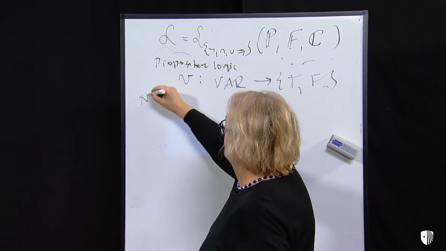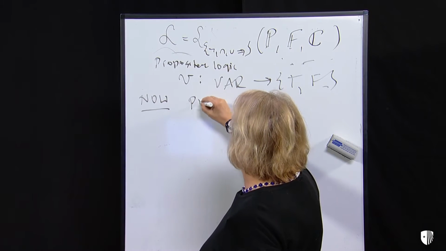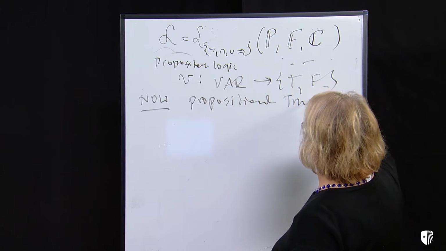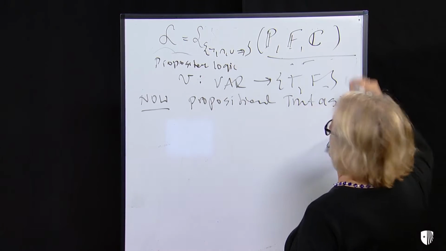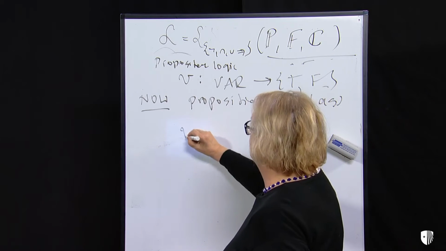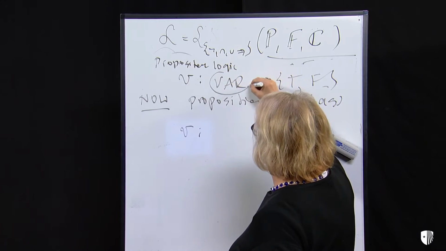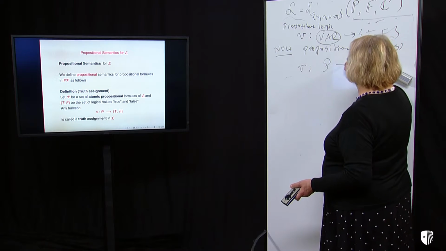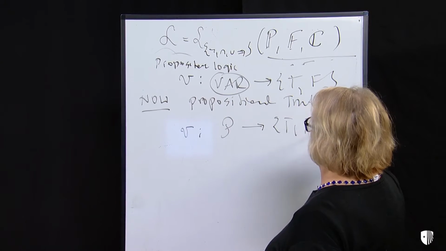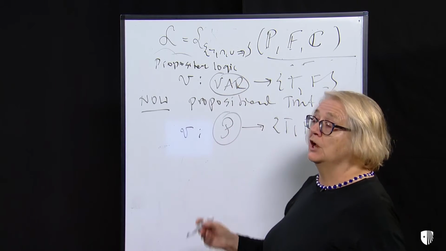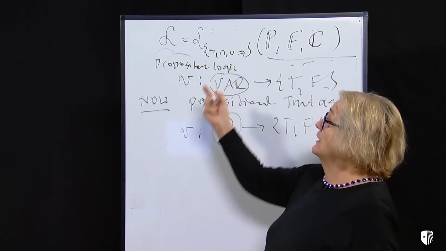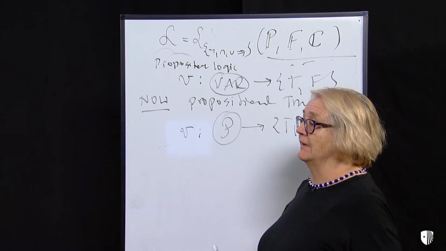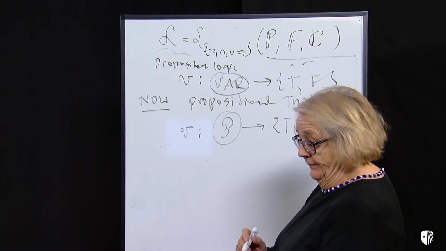So now our propositional truth assignment in first-order logic would be V, which takes atomic formulas into TF. So instead of variables, those atomic propositional formulas of predicate logic replace our variables, and it's called the truth assignment.